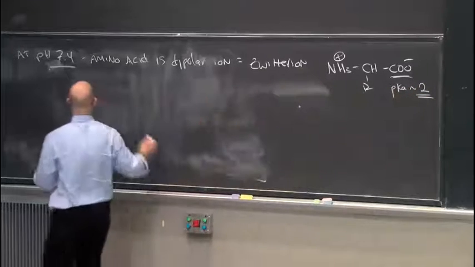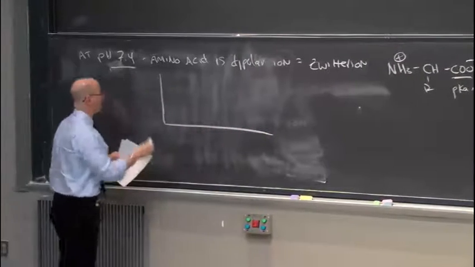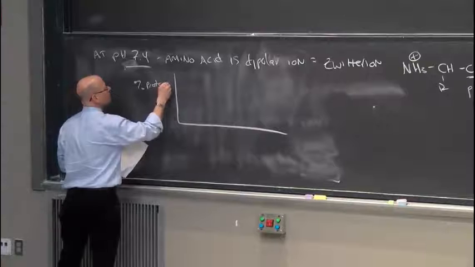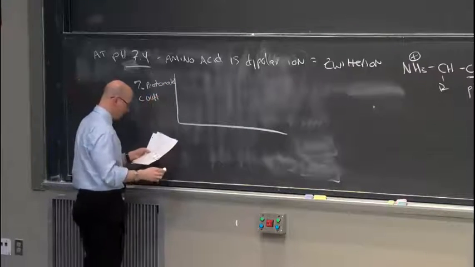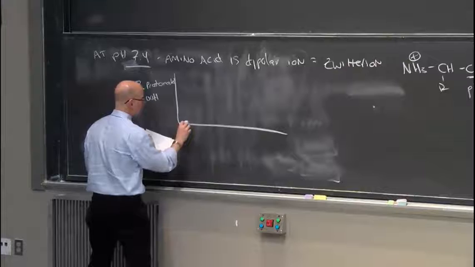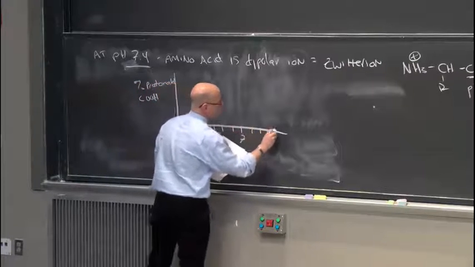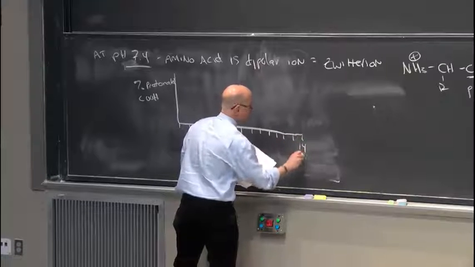And this means now that if I make a plot here where I plot the percent of protonated carboxyl groups as a function of the pH, 7, 10, 11, 13, 14.